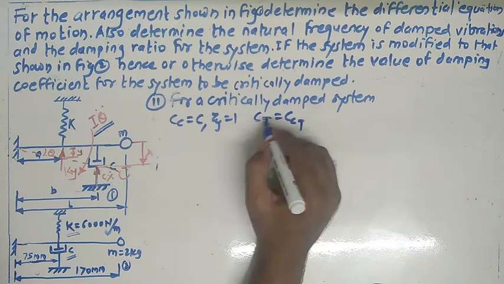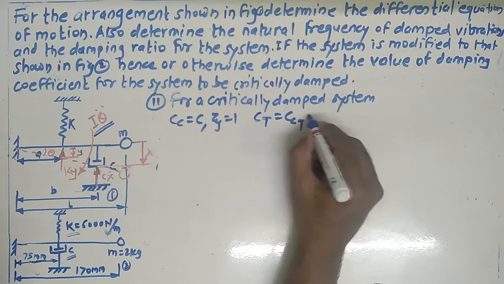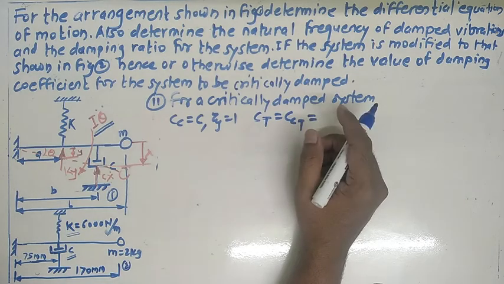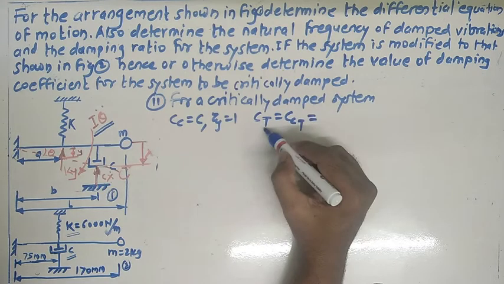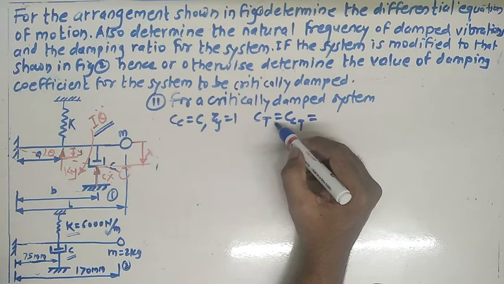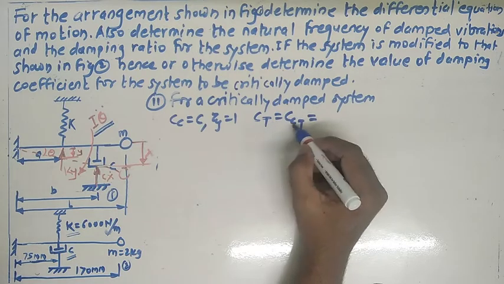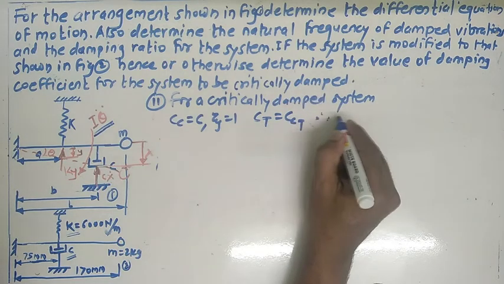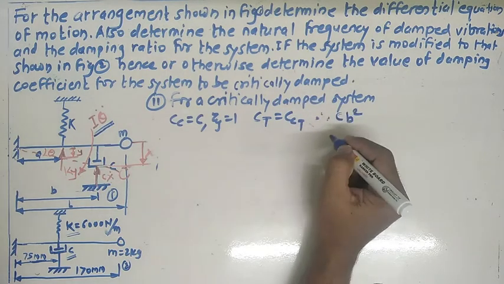What's about this cct? This cct and this ct term we have already solved in the previous step. Ct is nothing but cb square, just go through our previous steps.